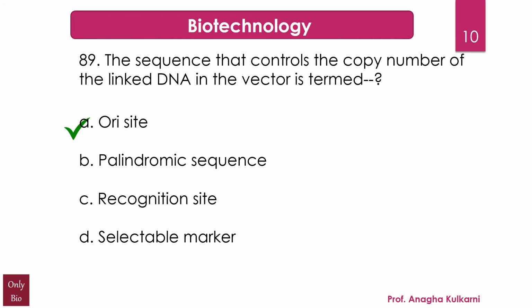And you might know that a recognition site is the site recognized by restriction enzymes, composed typically of 4, 6 or 8 nucleotides. And a selectable marker is a gene that can be introduced into a cell, especially a bacterium or cells in culture, that confers a trait which can be used for artificial selection.